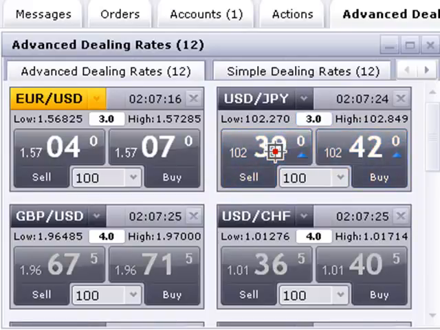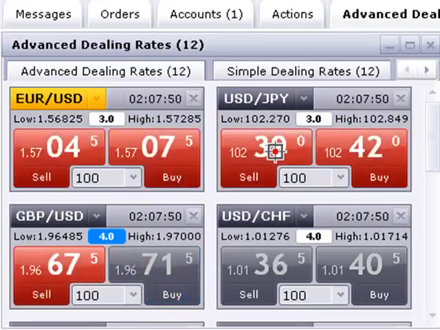Remembering that the currency quote shows how many of the counter currency in the pair it takes to buy one of the base currency, we know that a quote of 102.41, or now 102.42, it's just moved up to, for the dollar yen, means that it currently takes 102.42 yen to buy 1 US dollar.